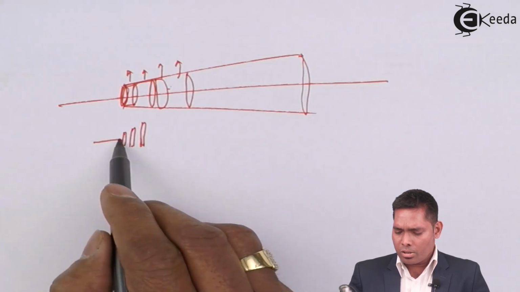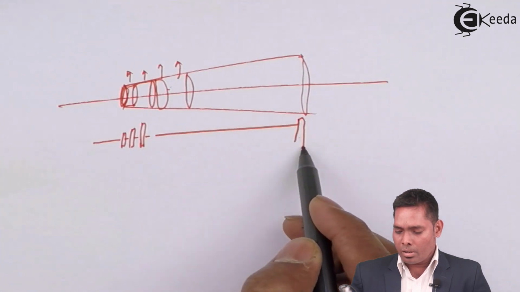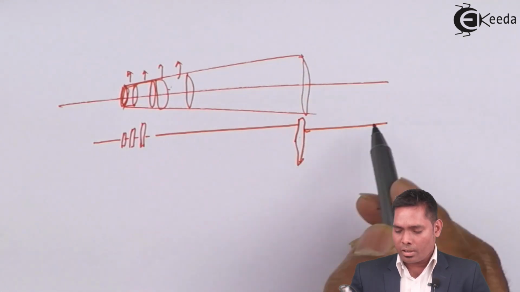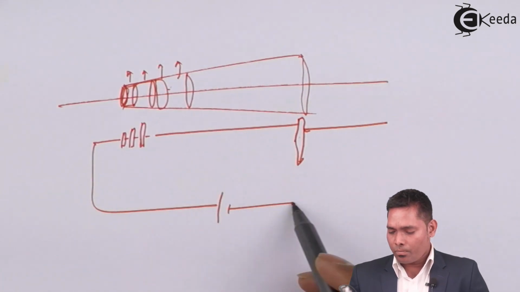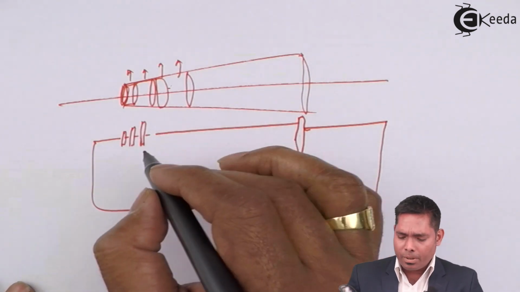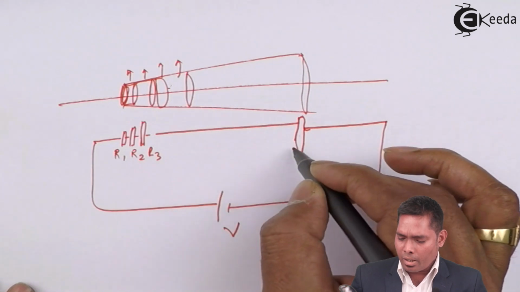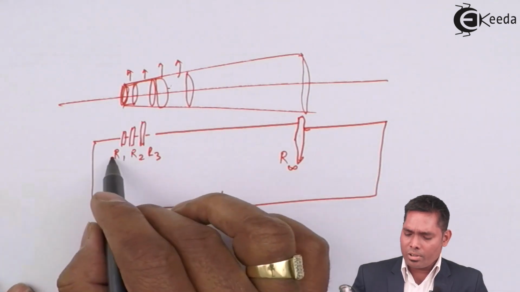These resistances are connected in series across the battery of V volt, with resistances R1, R2, R3 up to R infinity.